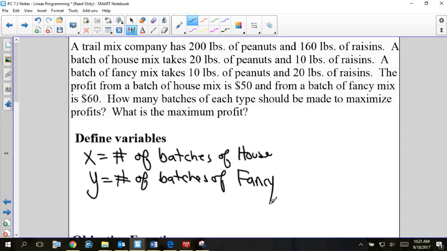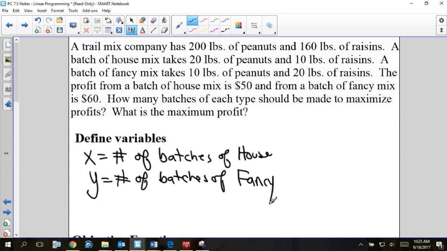We are not taking shortcuts. We're not writing x equals house, because x does not equal house. x equals the number of batches of that particular kind. So x equals a number. And if you don't clarify that now, it's going to confuse you later.